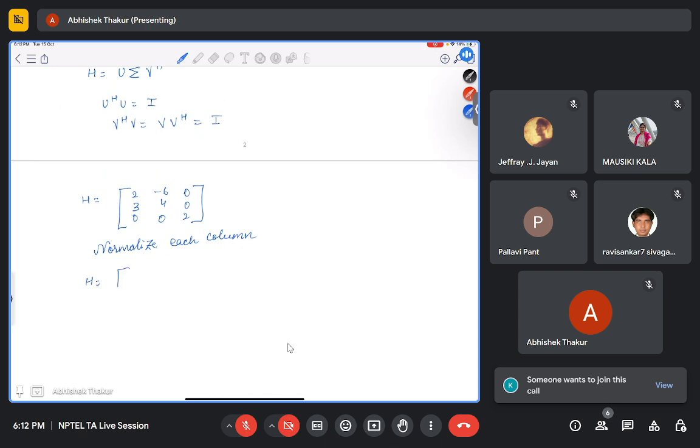So we'll get H equal to 2 by root 13, 3 by root 13, 0, minus 6 by root of 36 plus 16, that is 52, 4 by root 52, 0, 0, 0, and 2 by root 4, that is equal to 1.